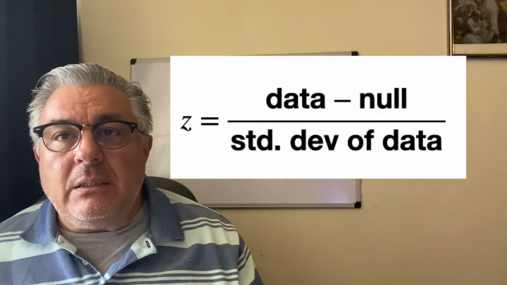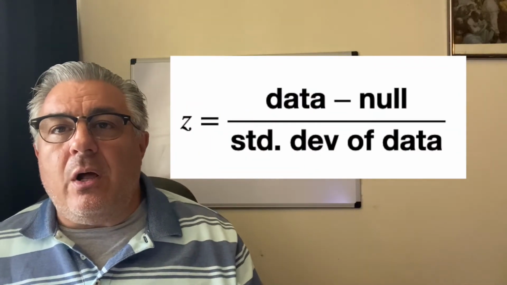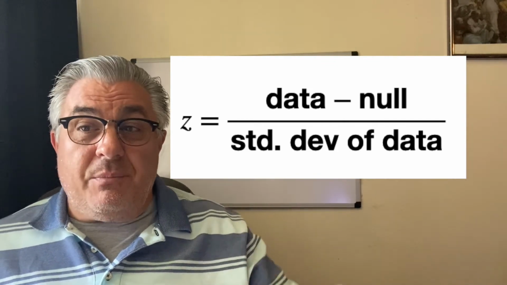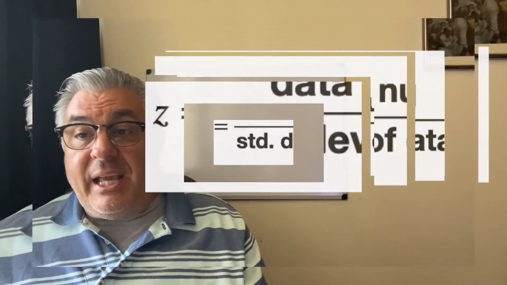It's basically a fancy schmancy z-score. So let's just recall that the z-score, or the z-test statistic, or any test statistic for that matter, is always something involving the data minus something under the null hypothesis divided by the standard deviation of something involving the data.